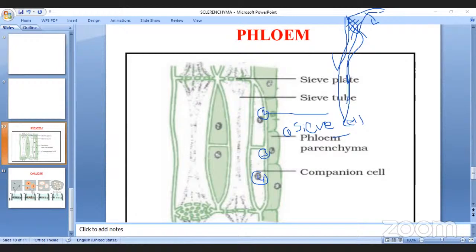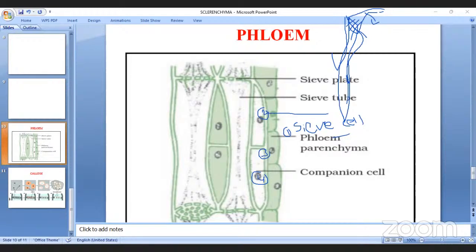Here the tubes are composed of longitudinal files of cells. Each of these cells, the sieve tubes, usually near the end walls, has highly specialized sieve areas with relatively larger pores. These are called sieve plates. Instead of sieve areas, sieve plates with pores are there on the end walls.